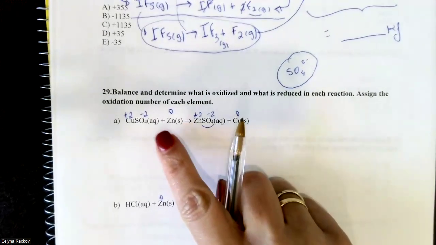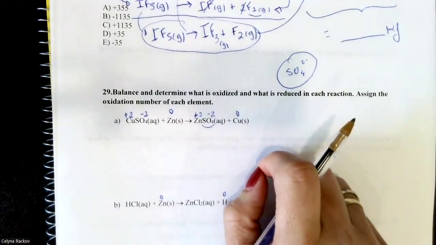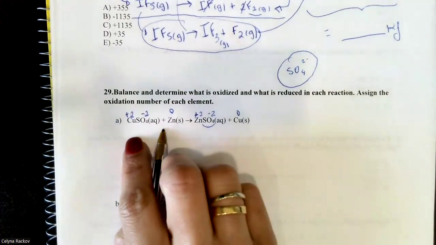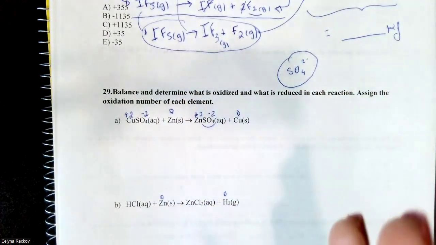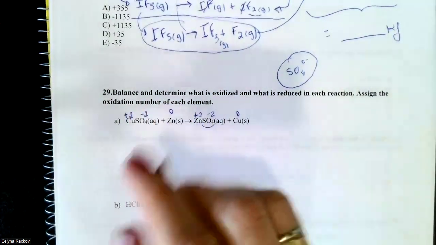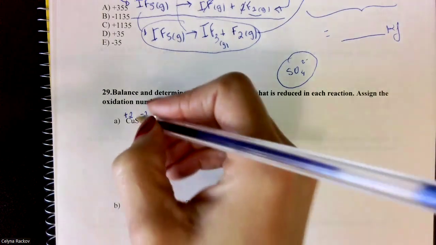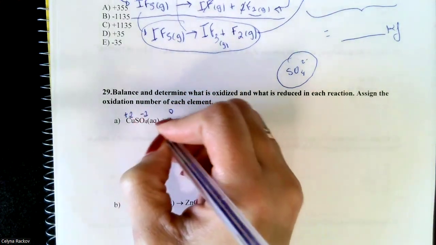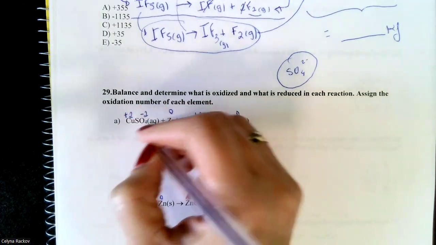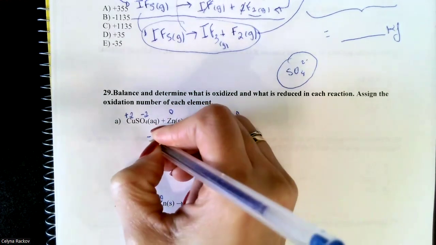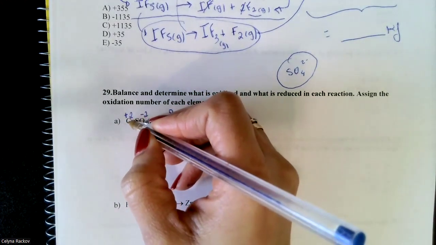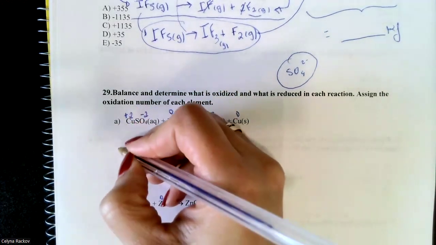Okay, but we can also figure it out one by one. I will show it here with the copper sulfate. We assign the oxidation number of each element. Not yet, I did not assign the sulfur, right? Let's see what it's going to be for sulfur. So for copper sulfate here, there is no net charge in total, so let's call it 0. Copper has just 1 copper, so 1 times 2 will be +2.